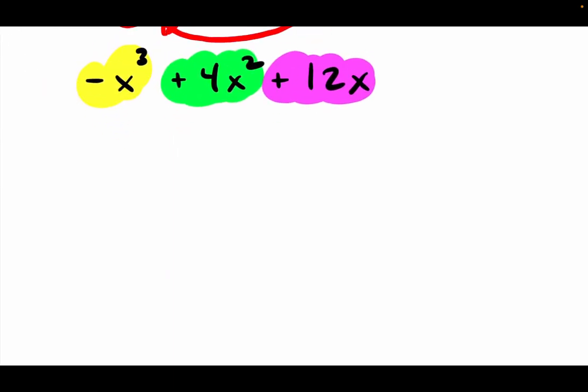Step 2, GCF. Is there a GCF? Well, I need the first term to be positive, and right now the first term is negative, right? So I know I'm going to have to divide by a negative something. So I'm going to put a negative here.